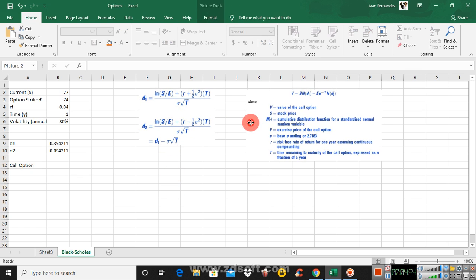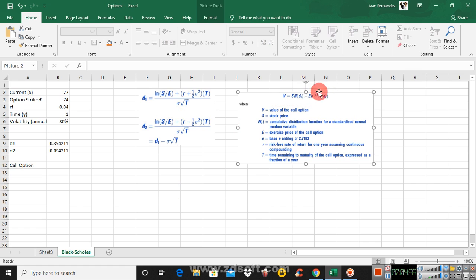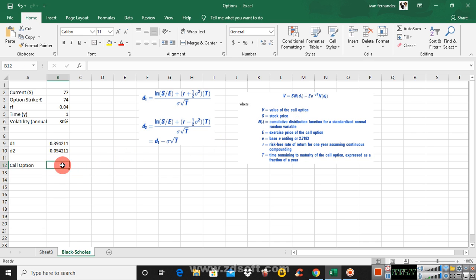Now with D1 and D2, you're going to use them to find the value of this call option, by using this other formula. All right, so we're going to go here and let's start. This one is a little complicated, so pay attention. So the price of the stock, which is 77, S, times the normal distribution of D1.